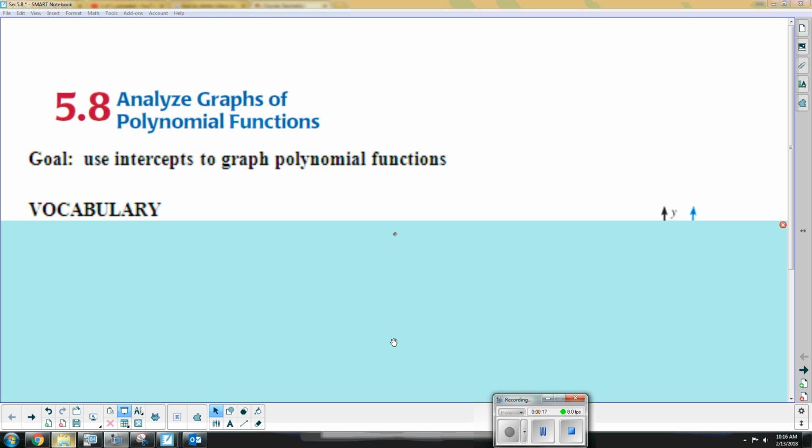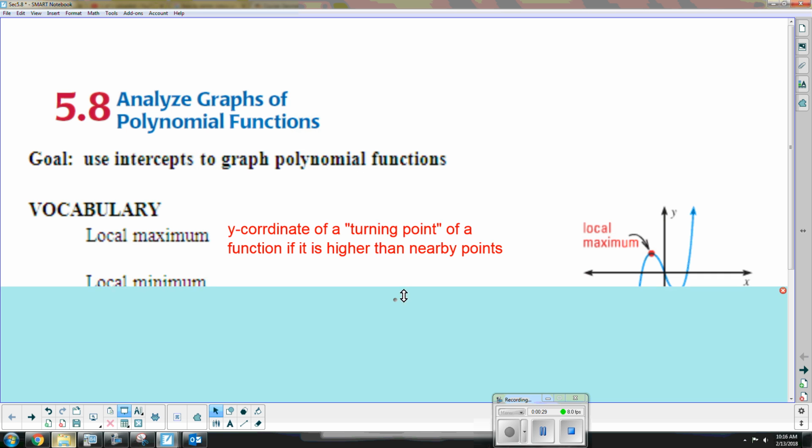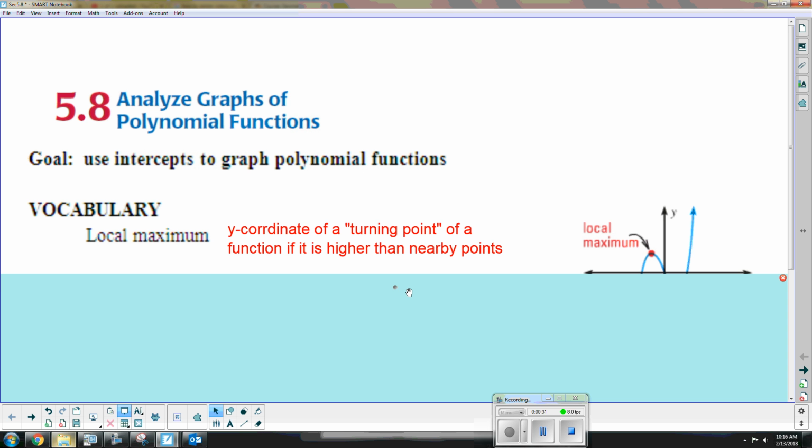Well, if you think about what a cubic or a quartic function looks like, we have several areas of peaks and several areas of lows. So we have a couple new vocab terms, and the first one is local maximum, and that's the turning point.